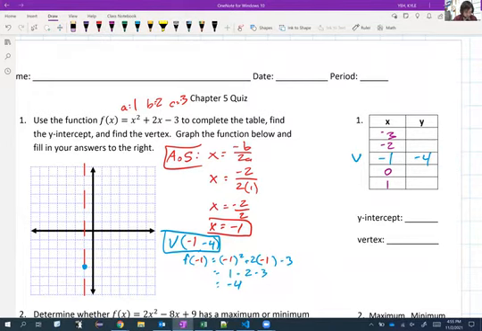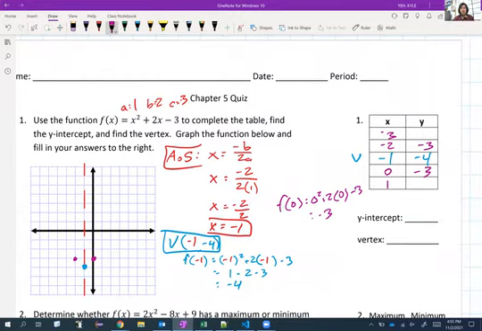So I'm going to choose to go f of 0 because that's a really easy thing to plug in. 0 squared plus 2 times 0 minus 3. And I can see that's just going to equal negative 3. And again, because of the parabola being symmetrical, I know that negative 2 is at negative 3.